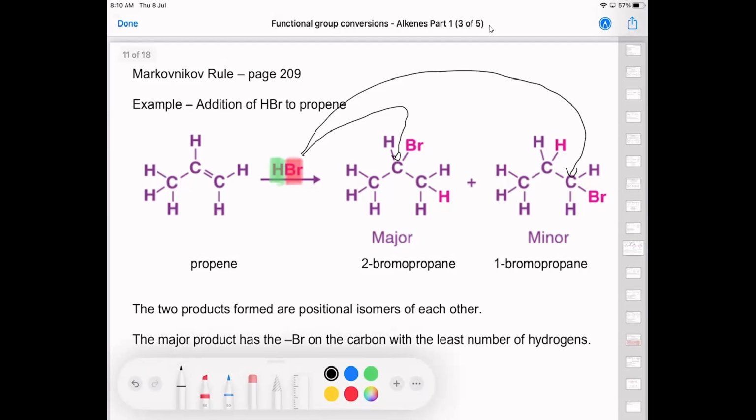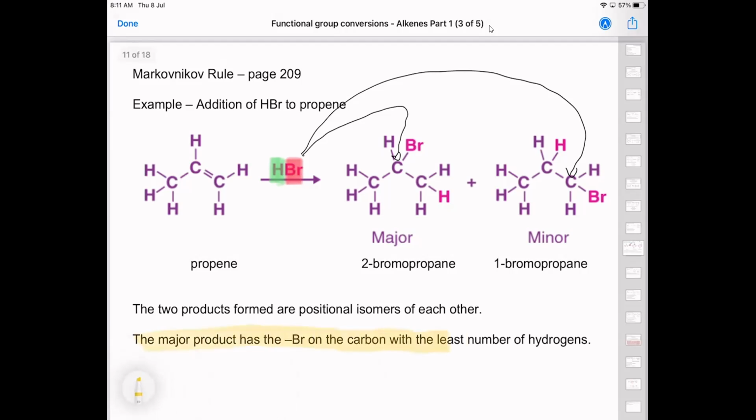The rule that you have to remember is quite straightforward: the major product has the bromine on the carbon with the least number of hydrogens. If you count the hydrogens on this carbon here, there's only one hydrogen there. If you look at the carbon on the right-hand side, there are two hydrogens.